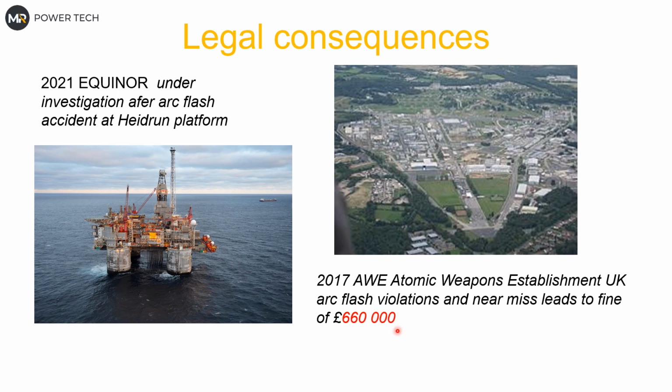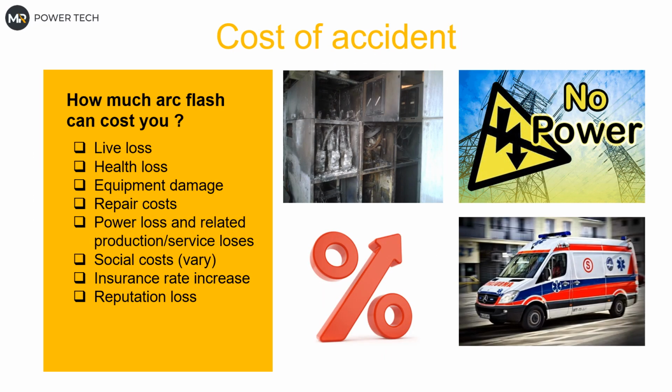And just to mention that anything we do around it will be much cheaper than those fines. So doing an arc flash assessment to comply with all this, providing PPE, is cheaper than all those fines and accidents themselves. And when we talk about the cost of accidents, of course we have life loss, you can have health loss. Hard to put a price on it. I think in the US they specify it's between $5 and $15 million, but it depends how you go with the social costs.